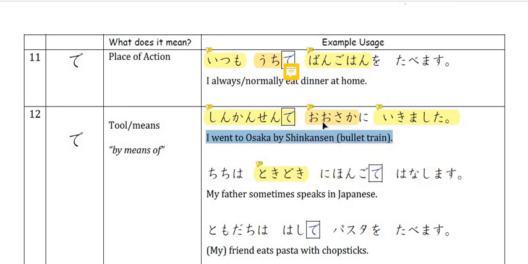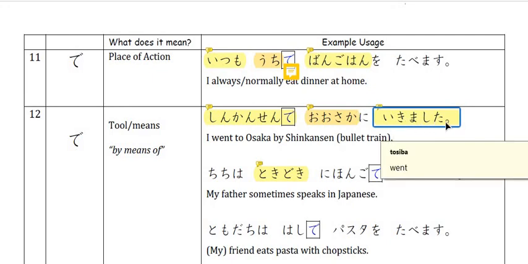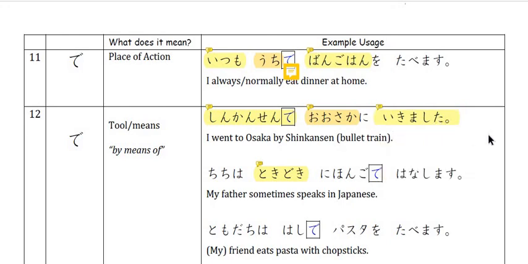Okay? Osaka is a place. Osaka ni. Now why did I use ni? Because Osaka is your destination. Remember, I have already taught you the particle ni. Okay? And ikimashita, which means went. Okay, ta at the end shows that it's a past tense. So if you want to say together, I would say Shinkansen de Osaka ni ikimashita.